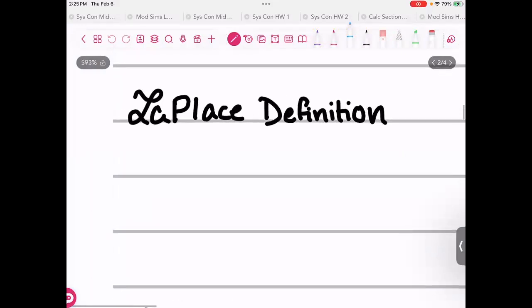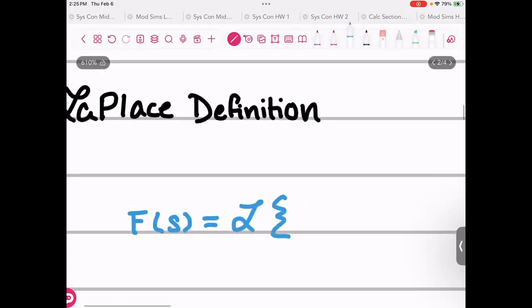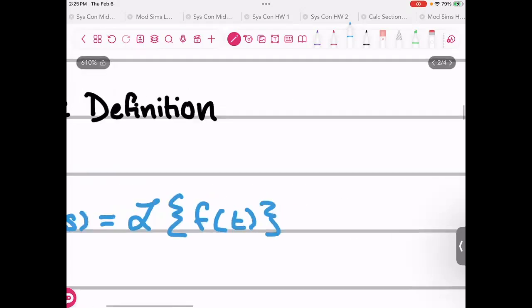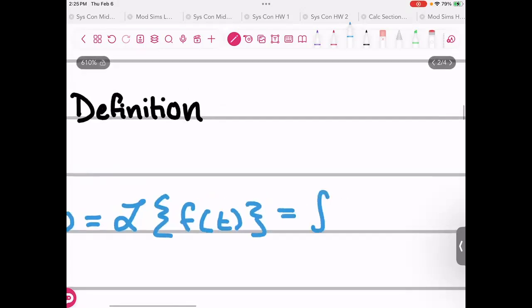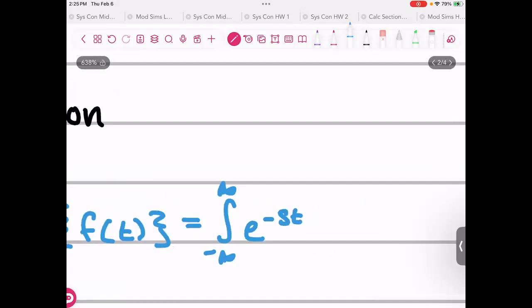The Laplace transform, denoted capital F of s, or the Laplace of lowercase f of t, is equal to the integral from negative infinity to infinity of e to the negative s t, f of t dt.